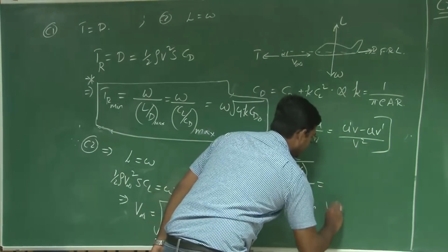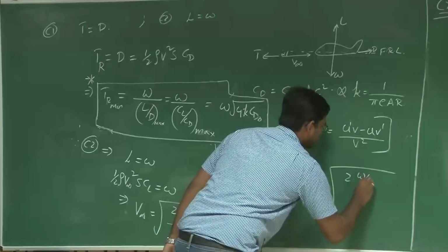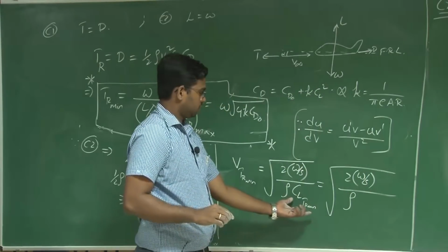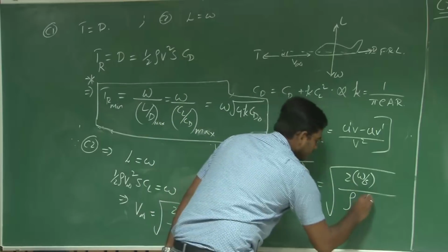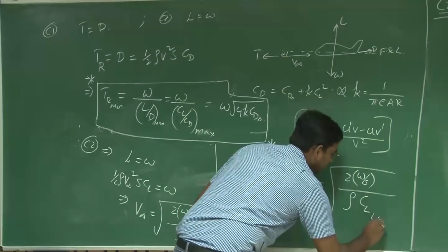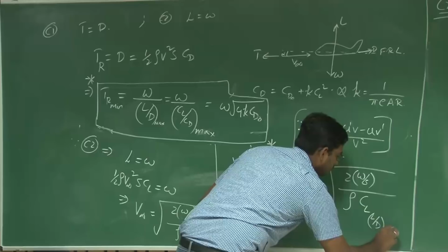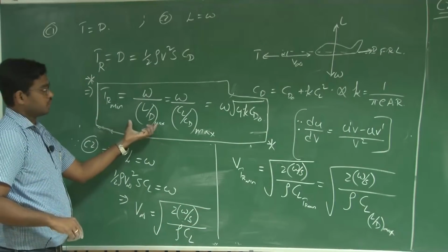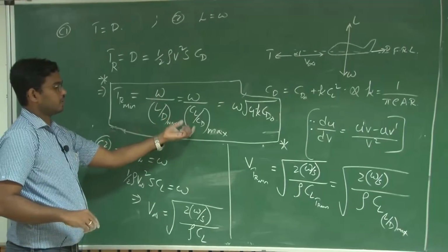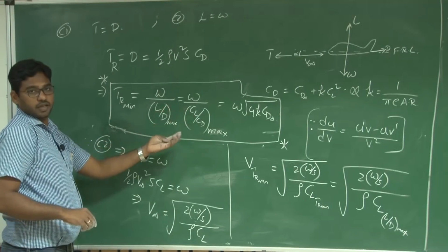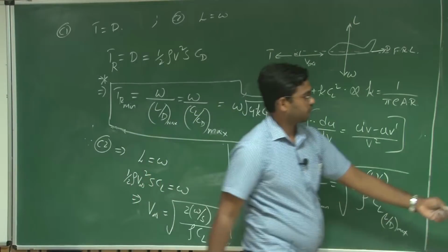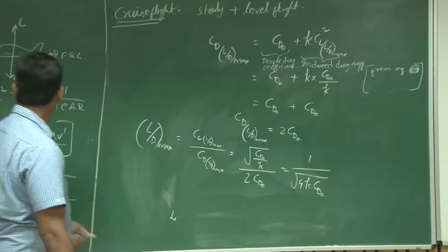It is the CL condition for L/D maximum. So when is this thrust required minimum? When you have L/D maximum. How do you achieve this L/D maximum? When CL is the corresponding CL and CD for L/D max. So the corresponding CL for L/D max is root over CD naught by K.